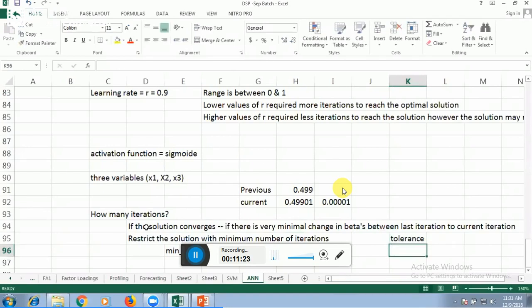The tolerance is the difference between the current iteration and the previous iteration. For example, if I specify my tolerance as 0.001, then it will stop when the difference between the previous and current iteration is less than that. This is also one kind of parameter when you are supplying a neural network.